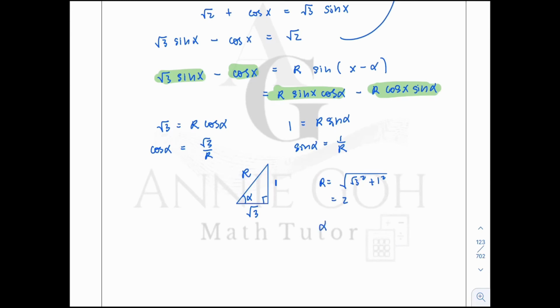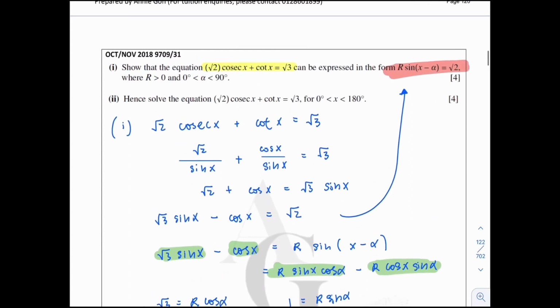And for the alpha, we will need to take tangent alpha equals 1 over root 3. And therefore, the alpha should be equal to 30 degrees. Whether the angle you need to leave in degrees or radians depends on the question. Look at the question here, it must be in degrees. So the answer is just 30 degrees.